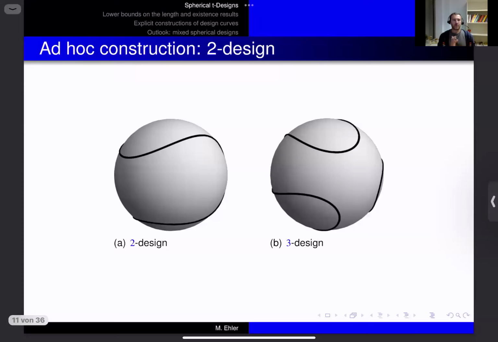But also, there are 2 and 3 design curves. Now I show you here the trace of the curve. So the 2 design curve resembles the seam of a baseball. For a 3 design curve, the curve needs to be a little longer, or at least this one is.